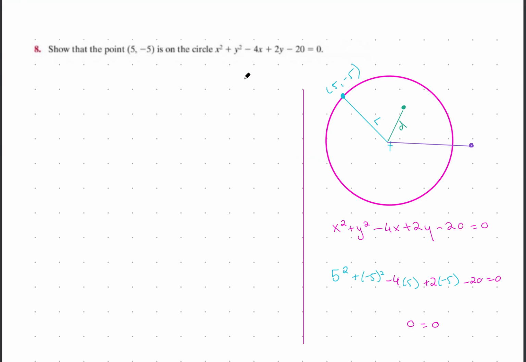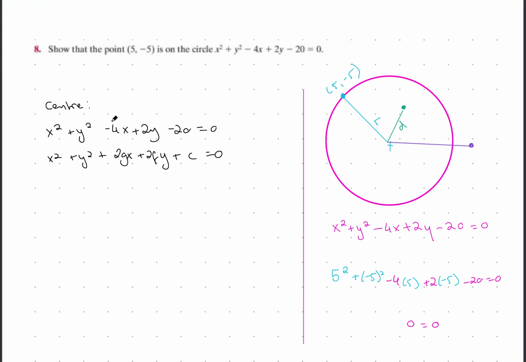So what we would obviously need to get out then is information about our centre and our radius. So how do we find the centre? Well, this is the second general equation of the circle, and that will line up with our x squared plus y squared plus 2gx plus 2fy plus c is equal to 0.